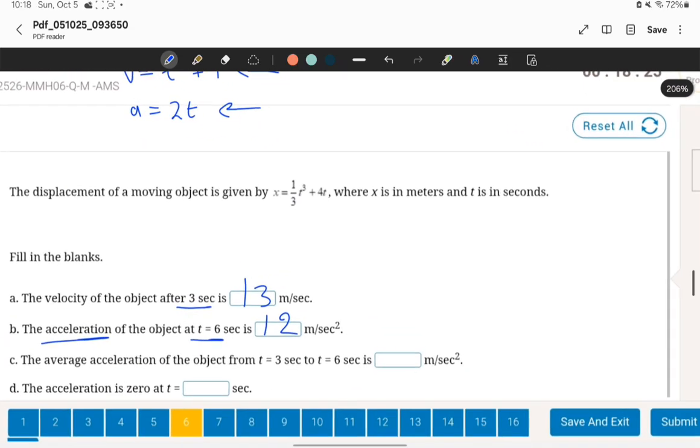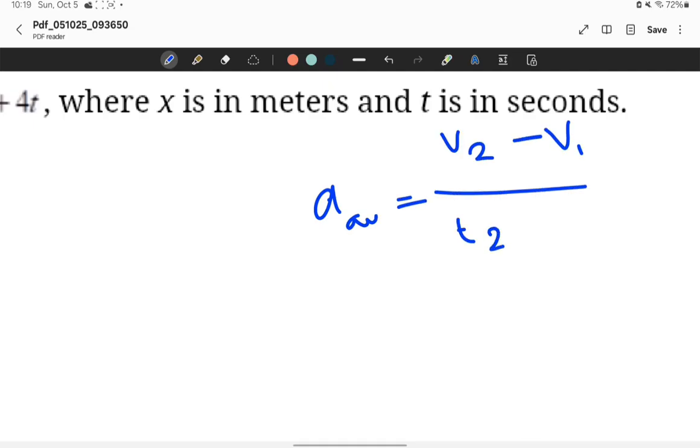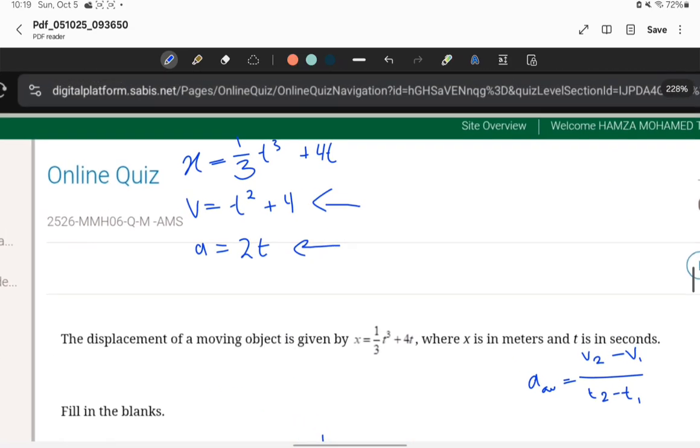When they ask for the average acceleration of anything, the average acceleration is going to be v2 minus v1 over t2 minus t1. When we use the equations here, these three, it's when they want the instantaneous velocity, so the velocity at this specific time, or the acceleration at this specific time.